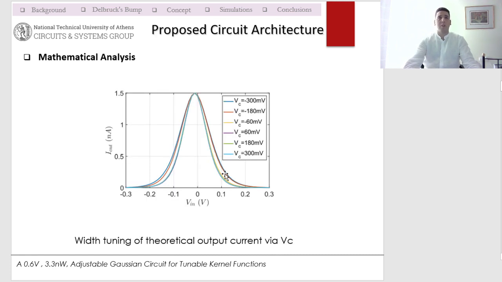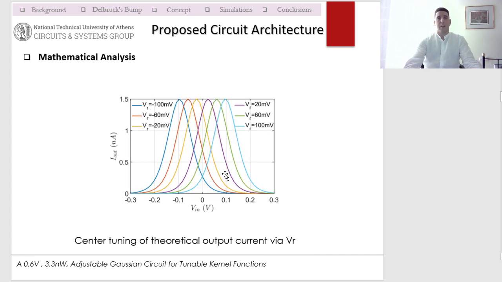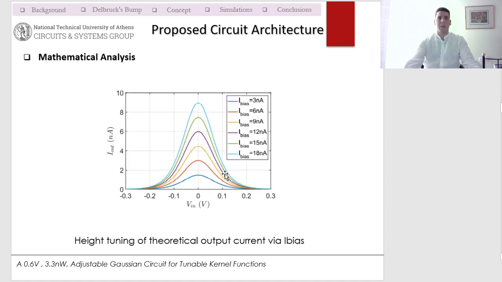The proposed Gaussian function circuit behavior is presented in this slide using the previous equations. We achieve a good tuning of the theoretical output current via parameter Vc and constant I bias and VR parameters. In this slide, the Gaussian function's behavior is presented for constant Vc and I bias for various VR values. This means that the center tuning of the theoretical output current via the VR parameter is achieved.